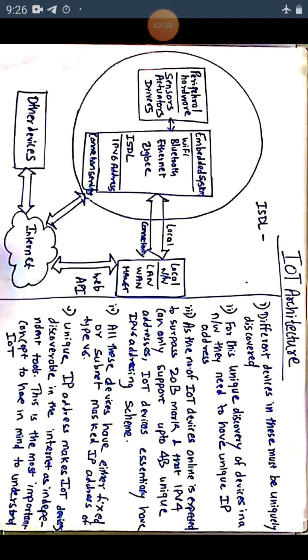Another term, ISDL, means inter-site data link, a wireless communication protocol used in communication with the internet of things. Again you see another term, IPv6 address. Now you know there is another one, IPv4, but we are not using IPv4, we are using IPv6 here, which I will discuss point-wise.